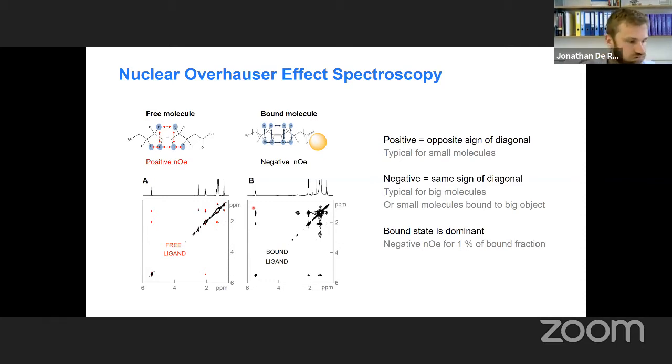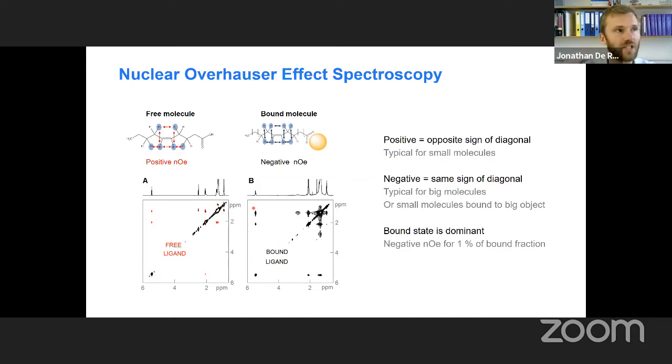Now you can say, why do we need NOESY? I mean, we have everything that we can possibly need in the 1D and the DOSY. In the 1D, it's broad, it's bound. The DOSY also tells us exactly how fast it's diffusing. But what if your ligand is not tightly bound, but is in dynamic exchange, coming on and off the surface?